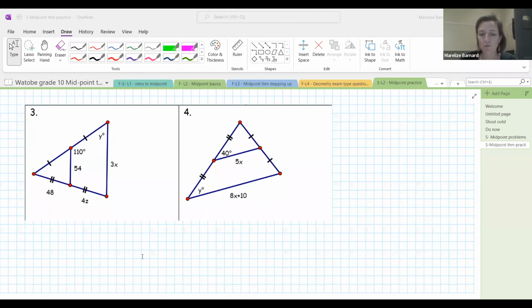I'm going to leave you for about a minute. I just want you to work on finding the value of x first. Now be careful. Think carefully before you just go and say that 3x is equal to 54. 3x is not equal to 54. It's equal to something else.